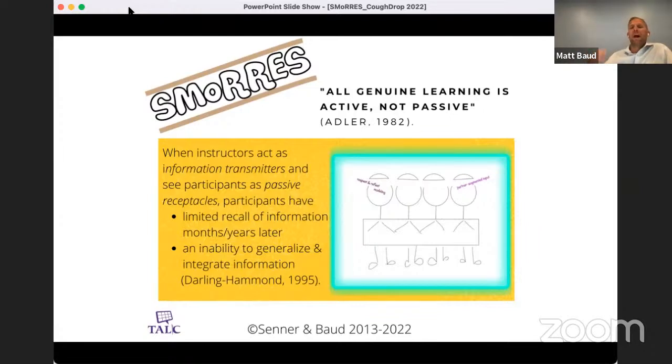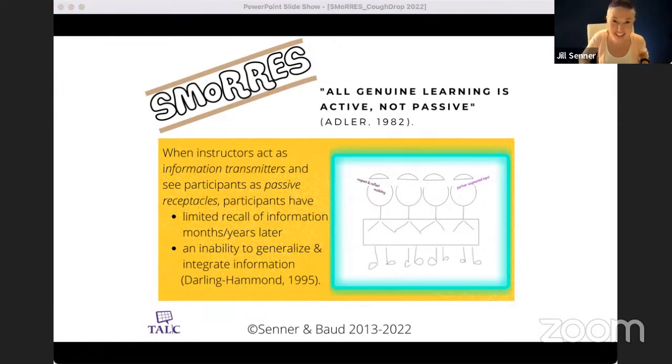And really, it's the inability to help them generalize and integrate the information into their actual classroom on a regular basis. Yeah, so if you look at the little diagram, you see I am not an artiste.